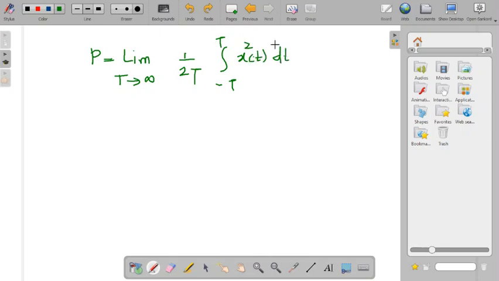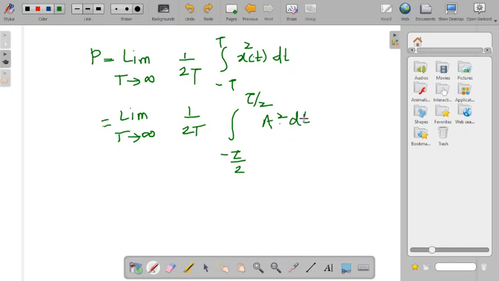This is our standard formula. So again putting the limits, limit t tending to infinity 1 over 2t. Now you observe limits here are again minus tau by 2 to plus tau by 2. This is a square and this is dt, and we have already computed this integration in the previous slide.